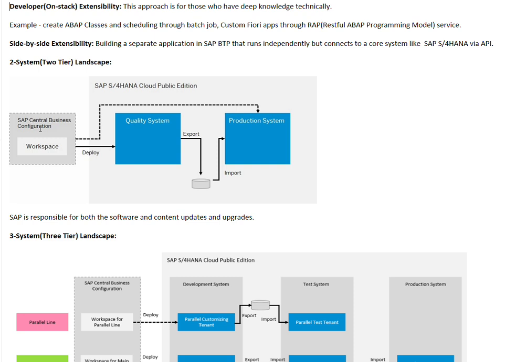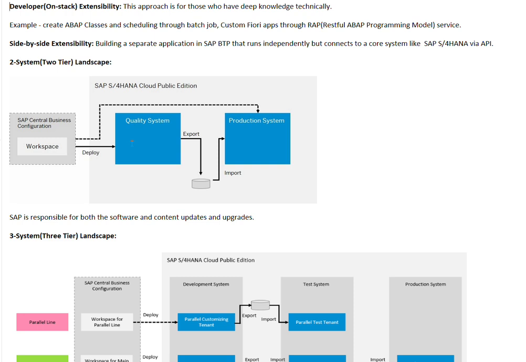Now in the two-tier architecture, we have only the quality system and the production system. The quality system acts as both development system and quality system. Any object will be developed and tested in the same system, and once the test is successful, it is deployed to the production system. The main disadvantage of this system is that development and quality are in the same system.